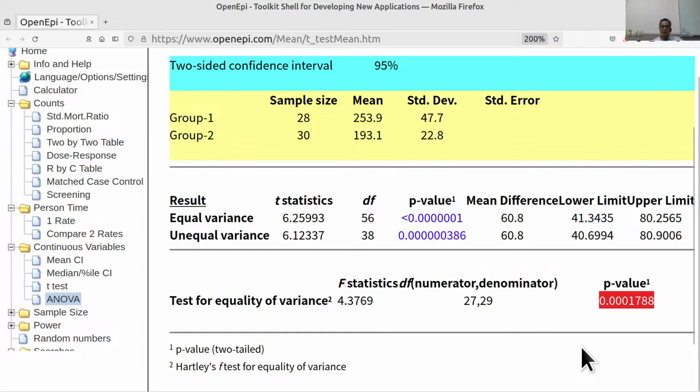Wow! Can you see it? The p-value is 0.0001788. That is very small, smaller than 0.05. Thus, we can see those two groups are different.